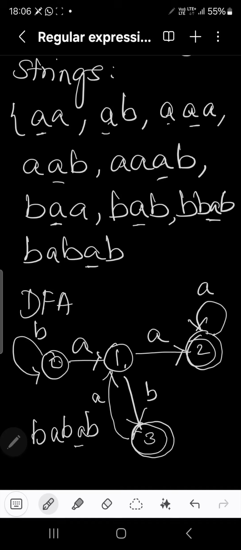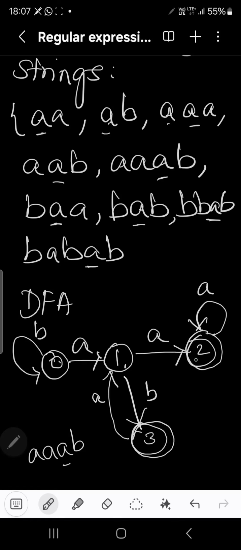Now if we take the string AAAB, in this string also the second character from the right is an A. For the first A, the transition is from state 0 to state 1. For the second A, the transition is from 1 to 2.